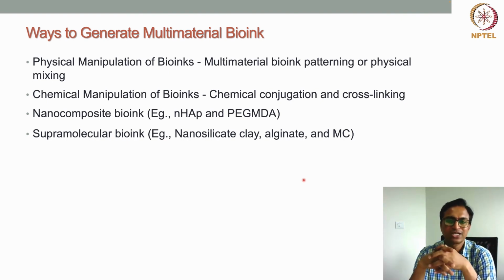When different nanostructures are incorporated within a hydrogel system, that composite is a nanocomposite, and that can be very well used for different bioprinting applications, because it has huge advantages over a conventional single system bioink, a single material bioink.